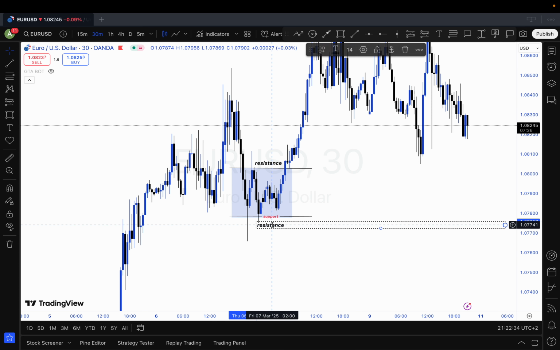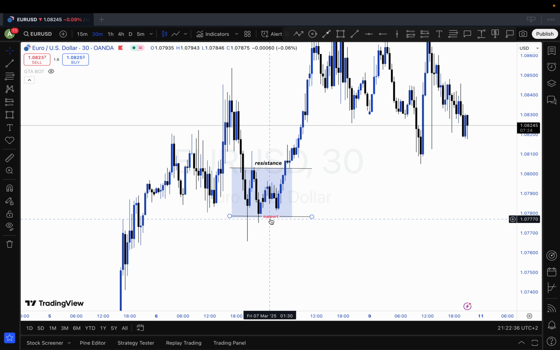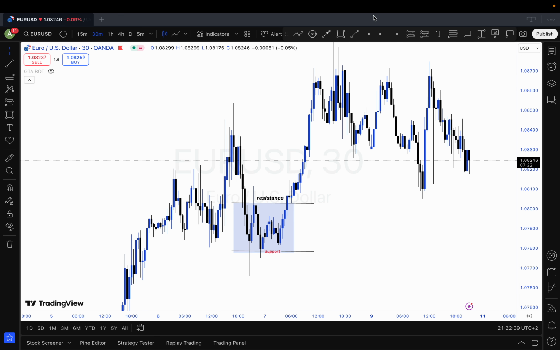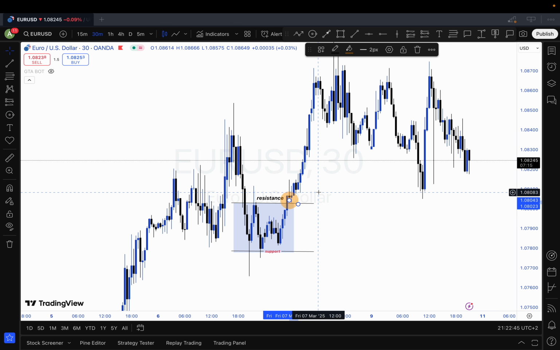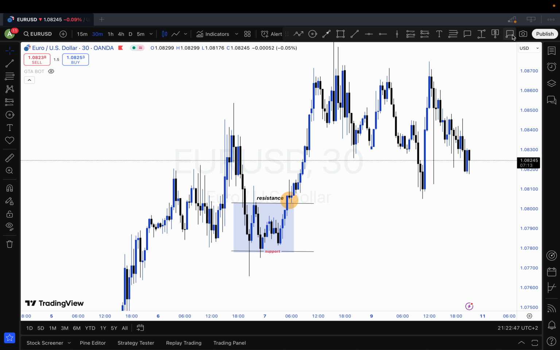And then again, something happened in the market which we can see clearly. There is a breakout, or you can say break above the resistance.